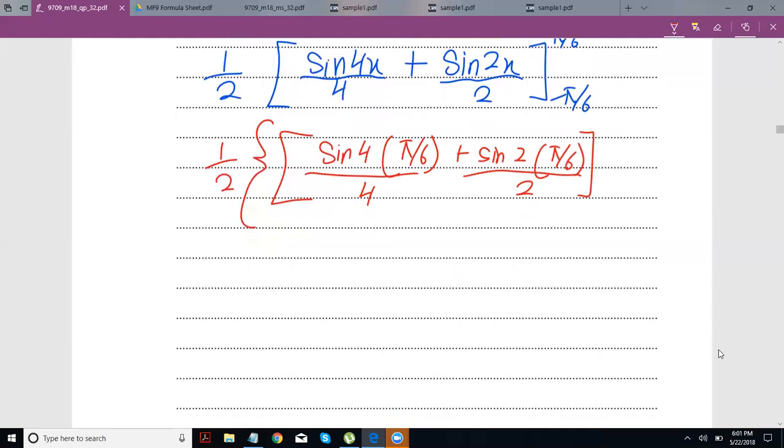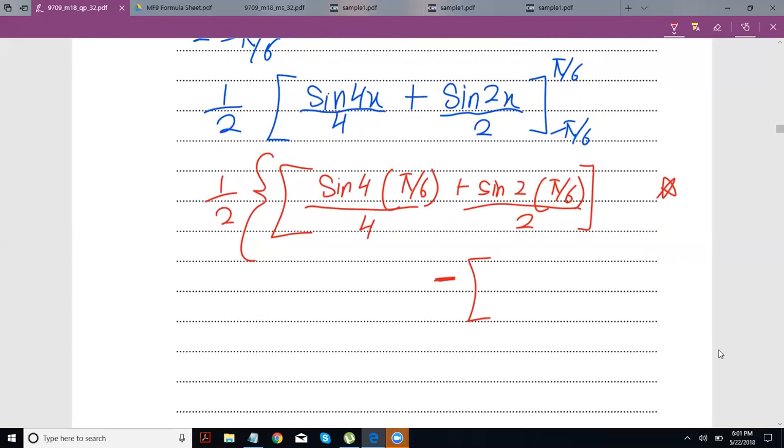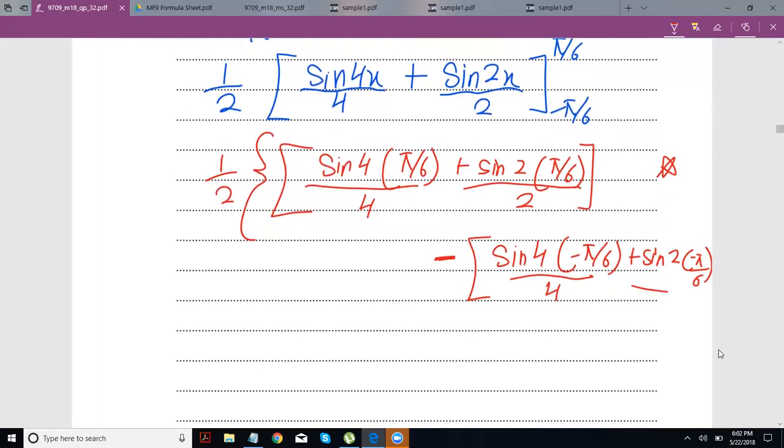So this is your upper limit. What you'll subtract is your lower limit. I didn't write it here because of lack of space, because my handwriting is a little wonky and big. Anyhow, so what's your lower limit? Sine 4 times minus pi upon 6, upon 4, plus sine 2 times minus pi upon 6, upon 2. I can't believe I ran out of space again.